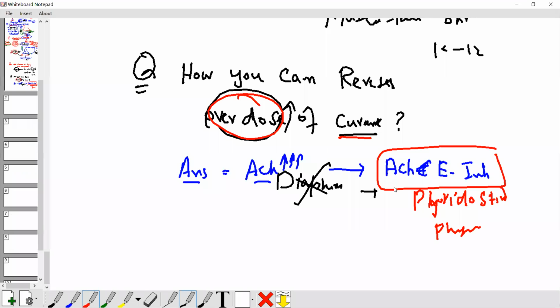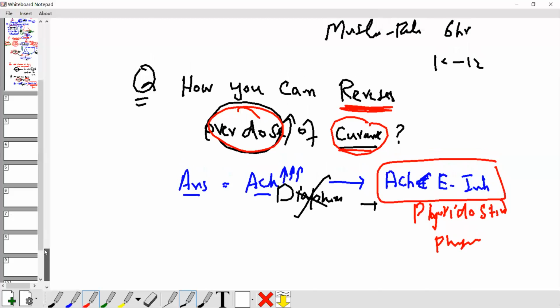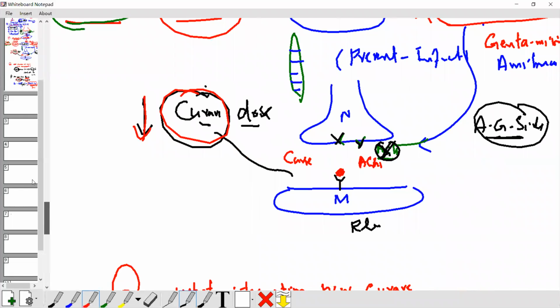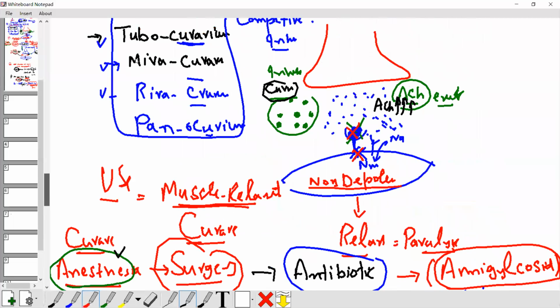Understand? If the patient receives an overdose of Curare, how can you reverse it? Because there is a competition between Curare drugs and acetylcholine to attach to the acetylcholine receptor. Done? It's all about neuromuscular junction blockers, the Curare family.